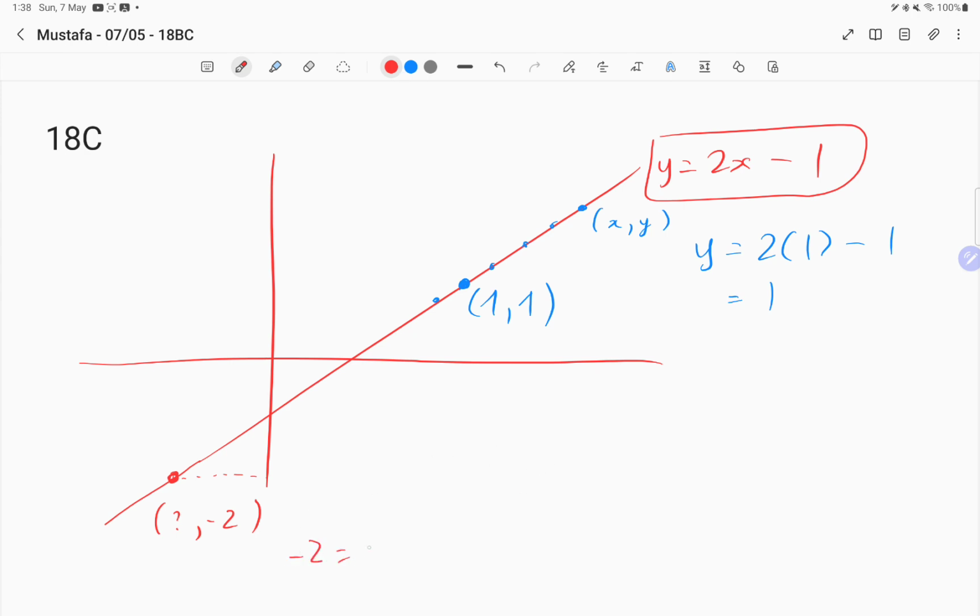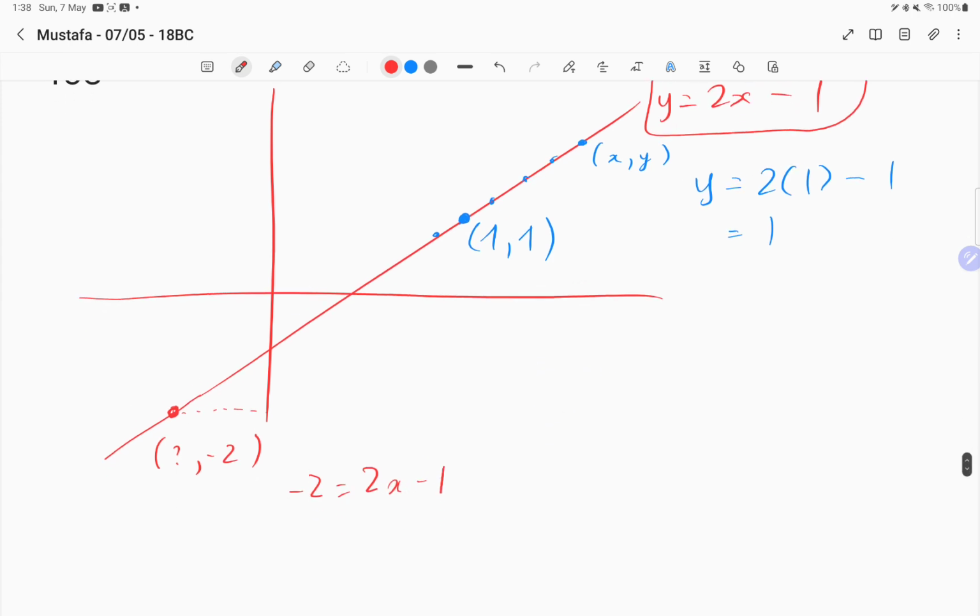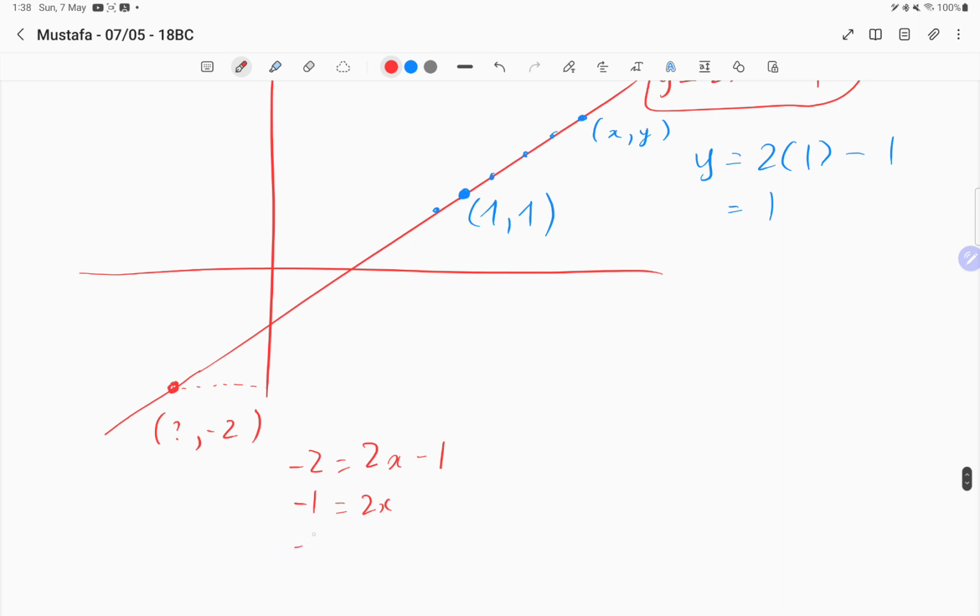So negative 2 must equal 2 times x minus 1. Add 1 to both sides, which makes negative 1 equals 2x. Divide both sides by 2, so negative 1 over 2 equals x. So the x value here will be negative 1 over 2, or negative 0.5.